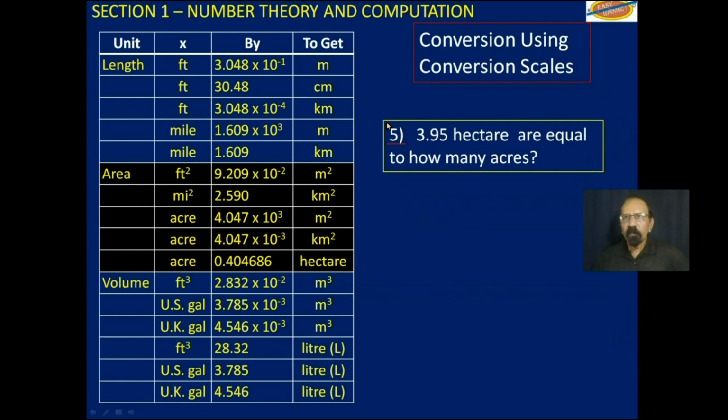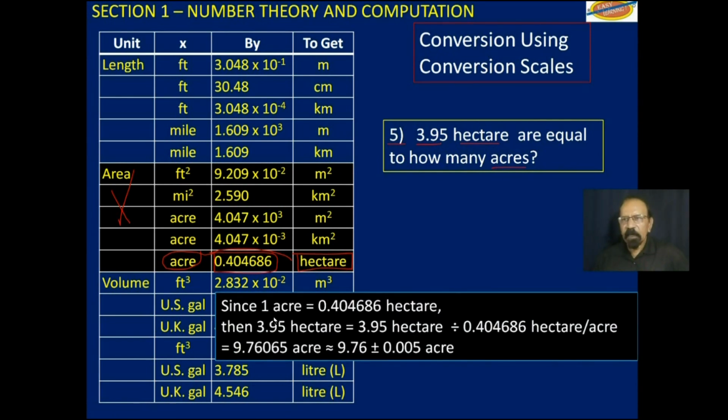Example 5, we want to convert 3.95 hectares to acres. We are still dealing with square units. We are at hectares, and we want to convert that to acre. This is our conversion factor.